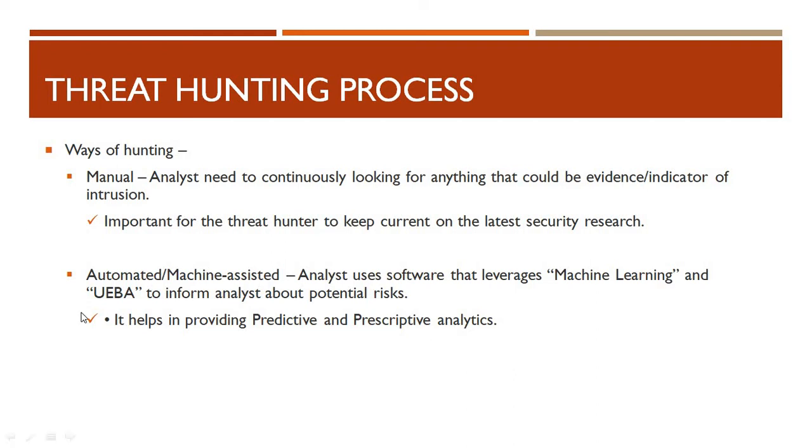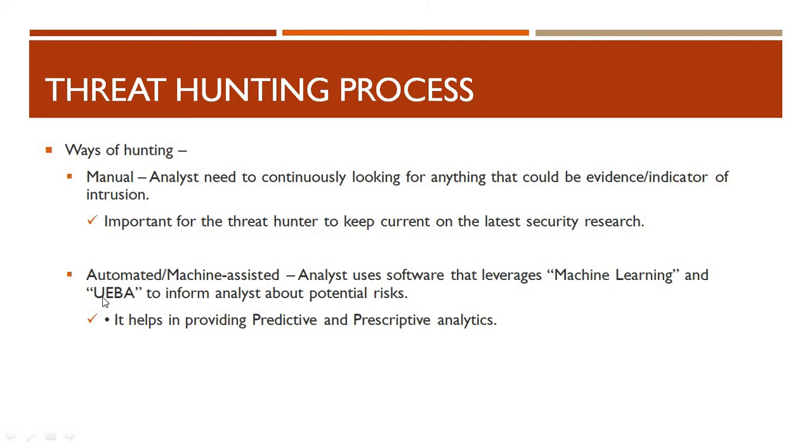Now our second way is the automated or machine assisted way. Here the analyst or the hunter would be using software which has a machine learning or UEBA feature in it. So what is UEBA? It is user entity behavior analytics, which is basically a machine learning way, you can say.